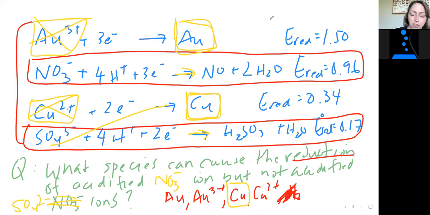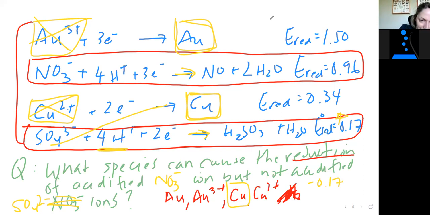The good news is the math can always save you. If your head gets muddled with these questions, just go to the math, as long as you're sure what your reduction is and what your oxidation is. For instance, acidified just means it has to have H+ present, which it does. So if this is my reduction, that's negative 1.7.